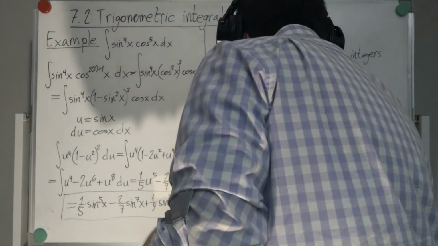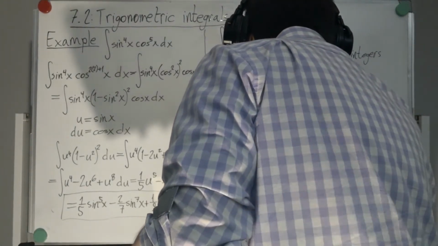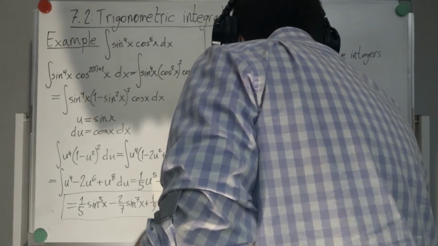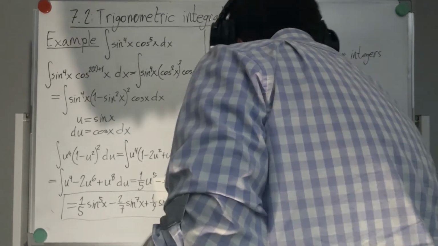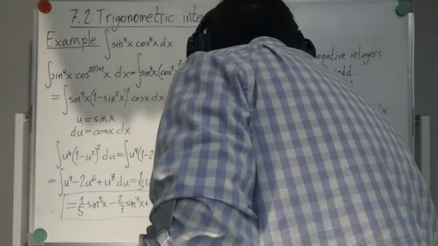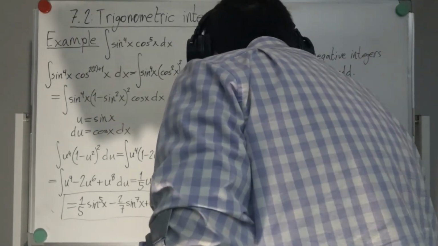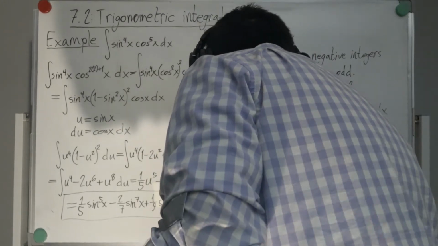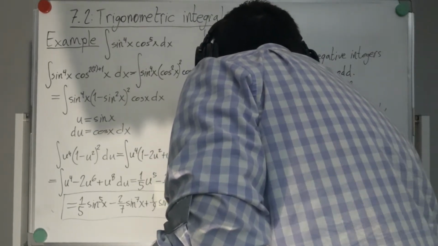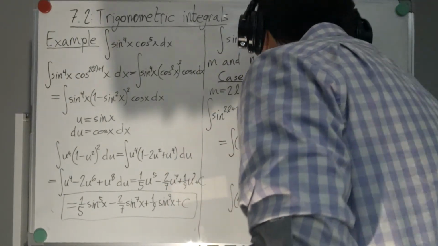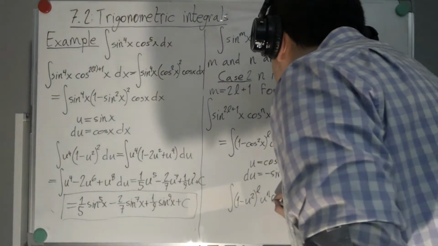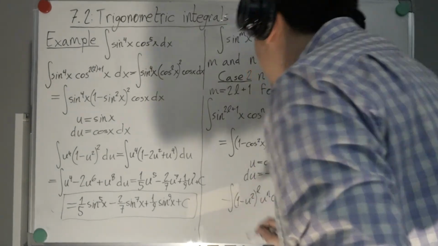We can say u equals cosine x, and then du equals negative sine x dx, in which case this becomes the integral of (1 minus u squared) raised to the L times u to the n times negative du, so obviously we can put the negative sign outside.